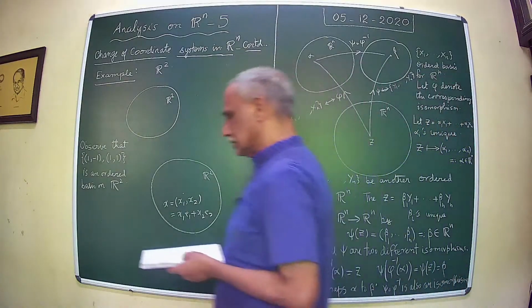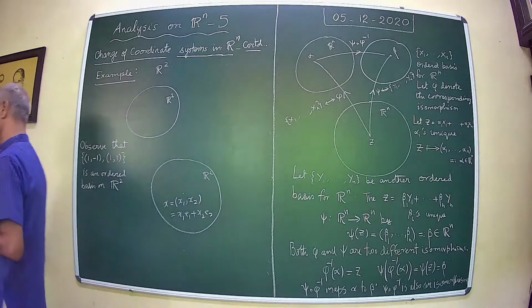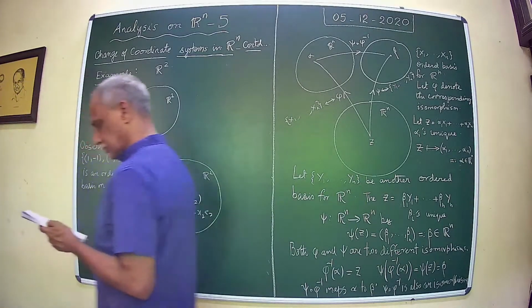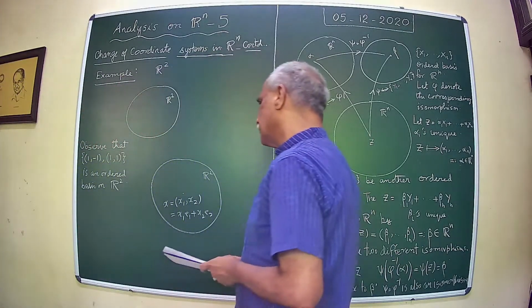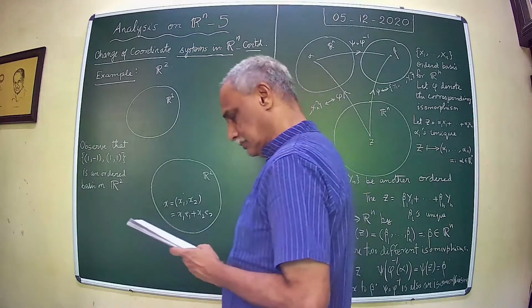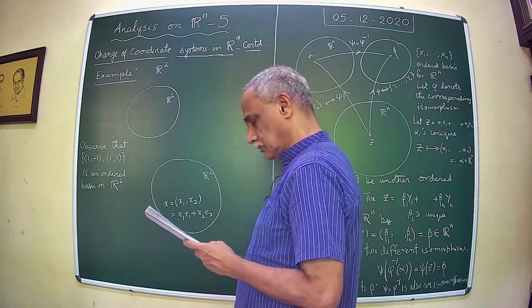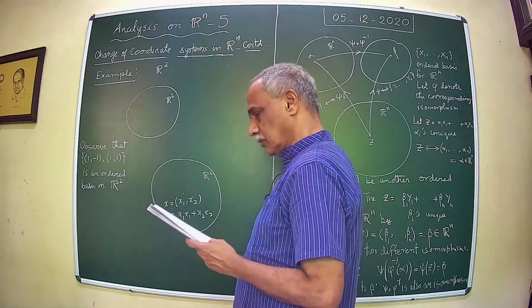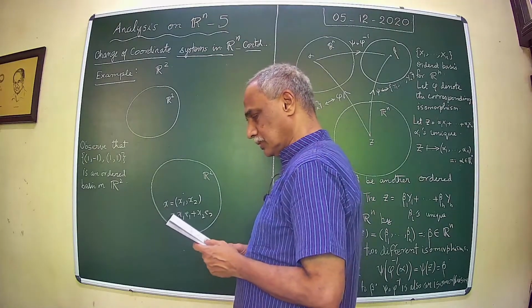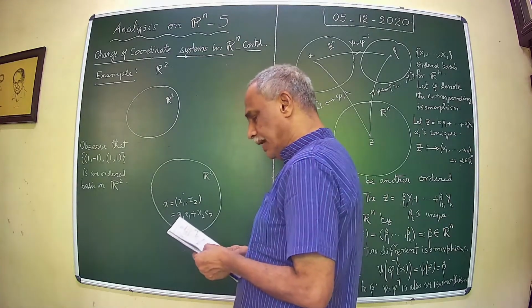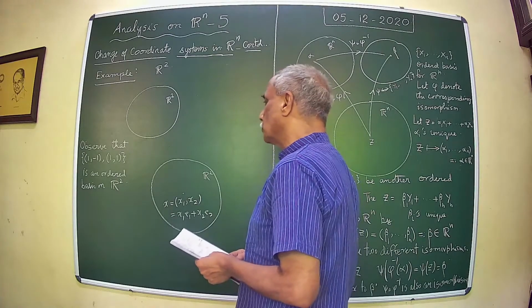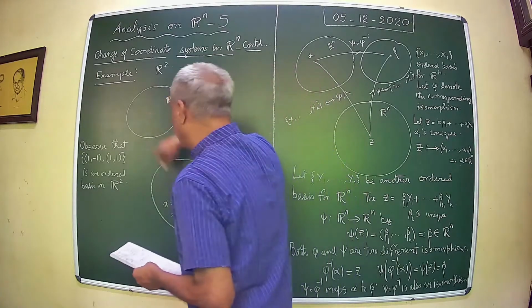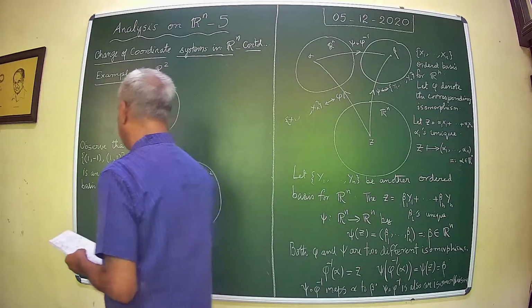Now let us compute the isomorphism corresponding to that. What is the isomorphism that you have? So we want to see the image of x1, x2 under the map determined by phi.